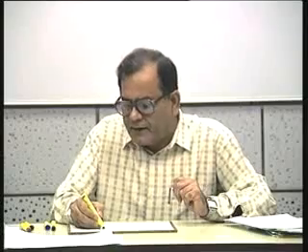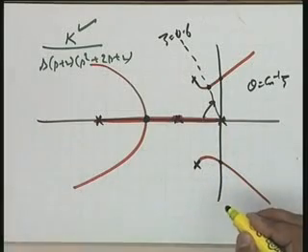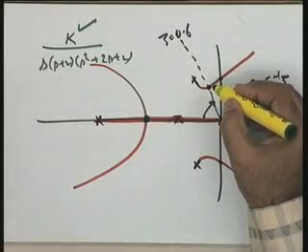Okay? Now how to check whether this is a point or not? In that particular case, at this particular point I will apply the angle criterion. If the total angle contribution at this particular point due to all these poles is an odd multiple of 180 degrees, in that particular case this point fortunately is a point on the root locus.